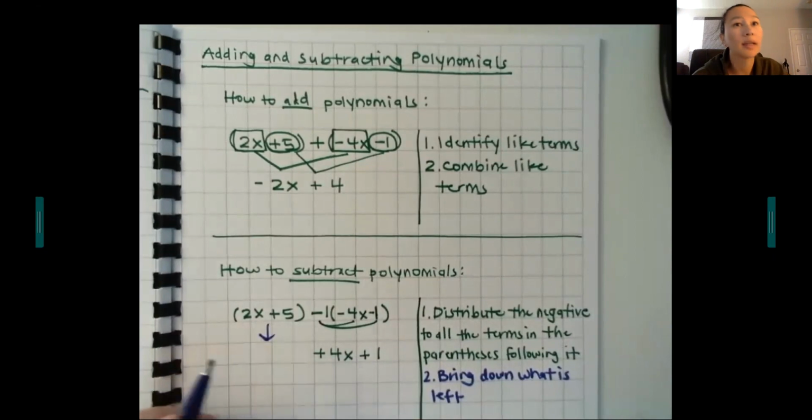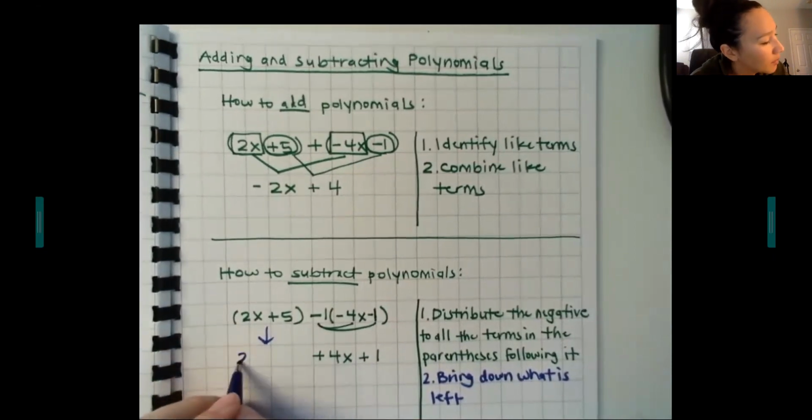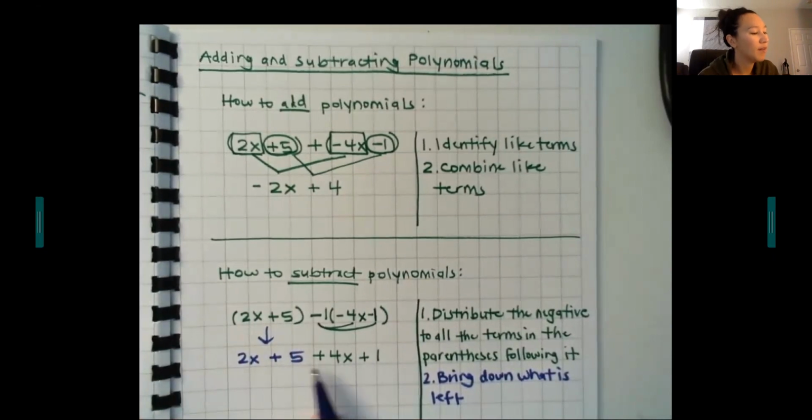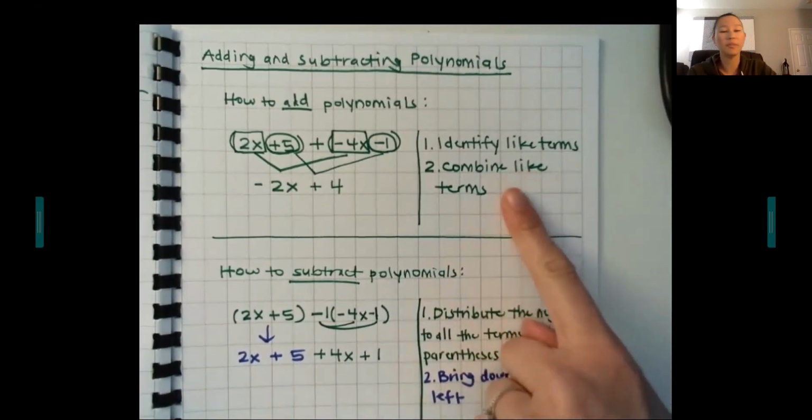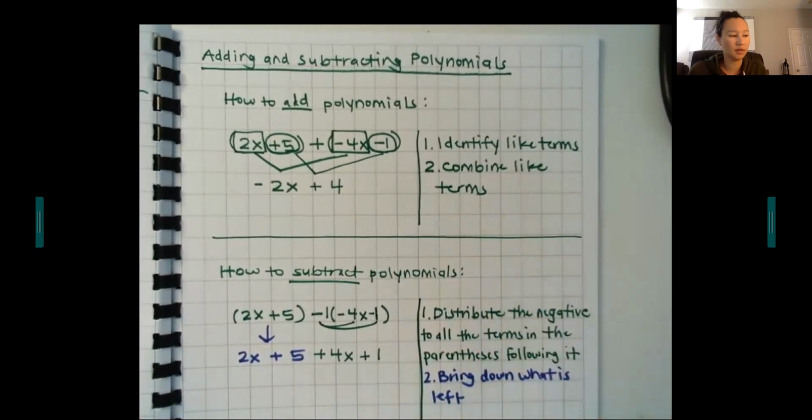So 2x plus 5 is just going to come down. So now we have 2x plus 5 plus 4x plus 1, which is now just adding or combining like terms. So we're going to identify like terms and combine like terms.